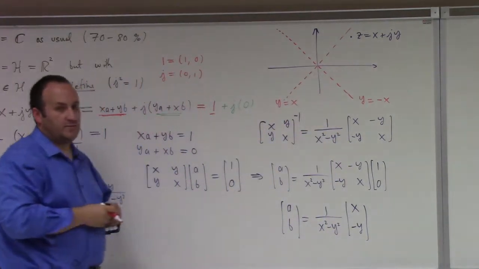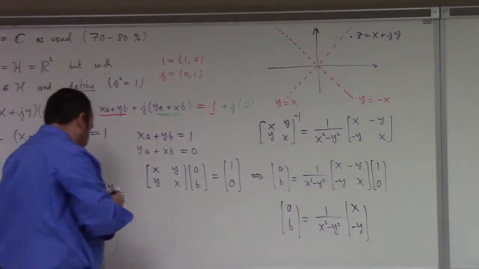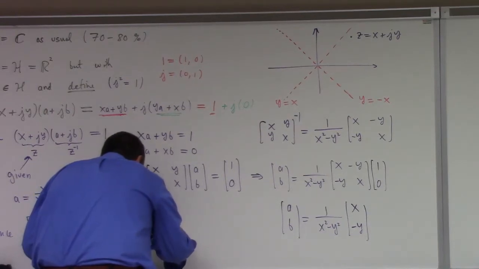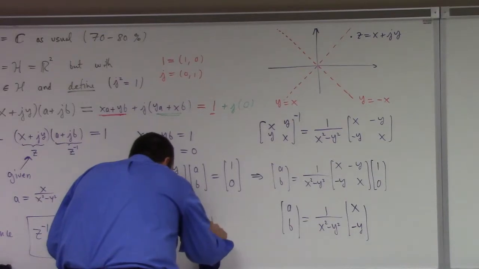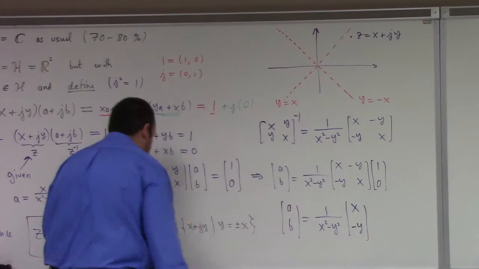Those are trouble. We have no multiplicative inverse there. The points along those lines form what are called zero divisors. So here's my notation for that. Zero divisors of the hyperbolic numbers are x plus jy such that y is equal to plus or minus x. That's basically what we just showed.